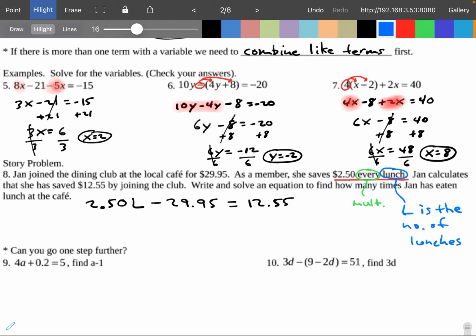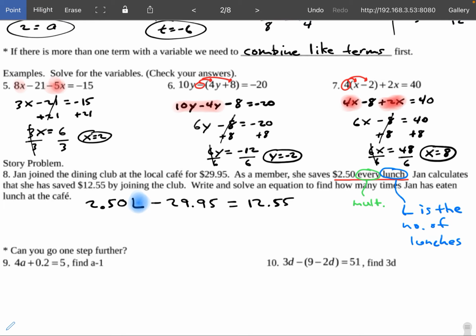Does that kind of make sense? For example, if you put in a 10 for L, if it was 10 lunches, well, it'd be $2.50 times 10 lunches. Let's not do 10, let's make it easier.